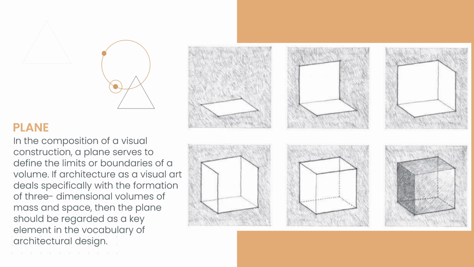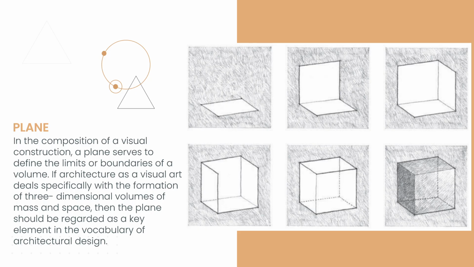In the composition of a visual construction, a plane serves to define the limits or boundaries of a volume. Later we will discuss what volume is. If architecture as a visual art deals specifically with the formation of three-dimensional volumes or mass or space, then the plane should be regarded as a key element in the vocabulary of architectural design.